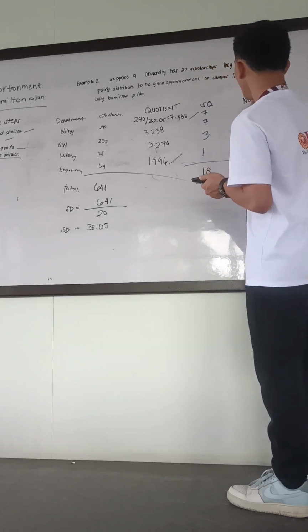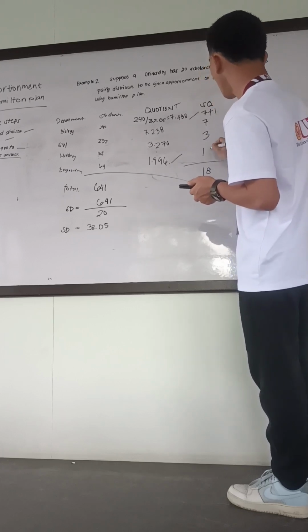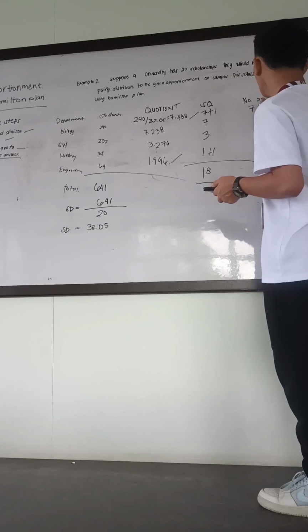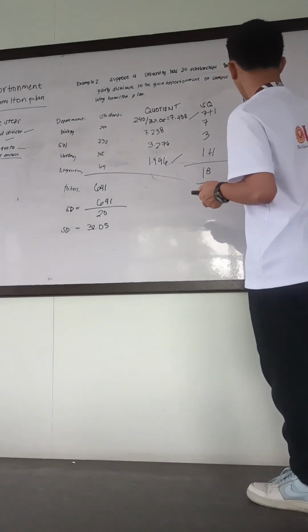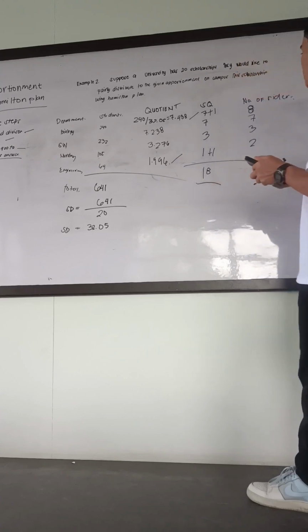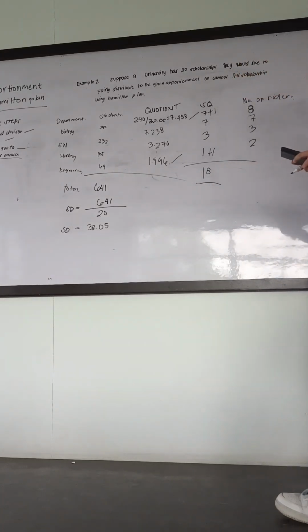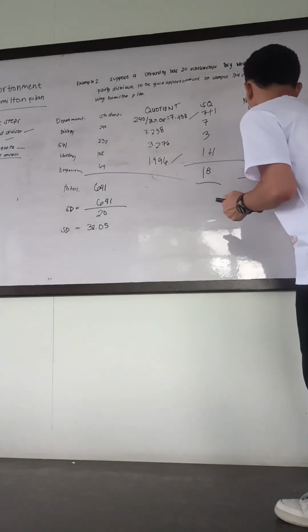So 7 plus 1 is equal to 8, plus 7 plus 3 plus 2. So 8 plus 7 plus 3 plus 2, we get a total of 20.